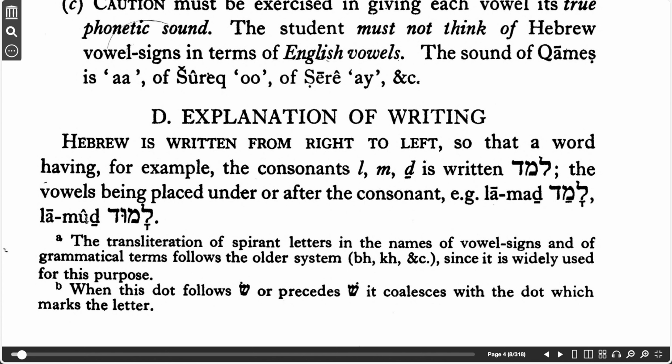And notice how he's representing the English characters to match the charts that he has given us in chart A and then the chart in letter C. So this is going to be important for some of the exercises that he's going to give us that you can work on. So lamud, lamad. And so that's how you read from right to left. Okay.